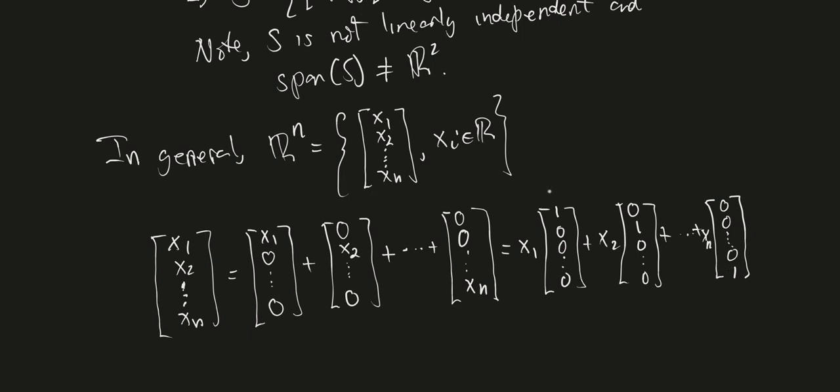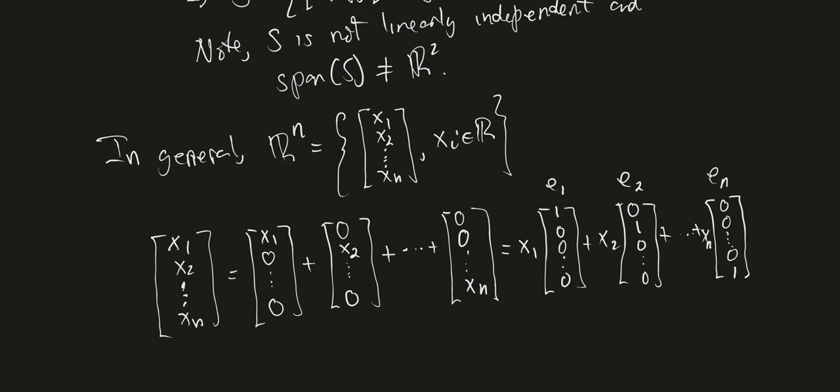And what we do is we call this, for instance, E1, this is E2, and this is En. And basically, the subscript here tells me what entry is equal to 1. So in E1, the first component is equal to 1, and all the other components are 0. In E2, the second component is equal to 1, and all the other components are equal to 0.